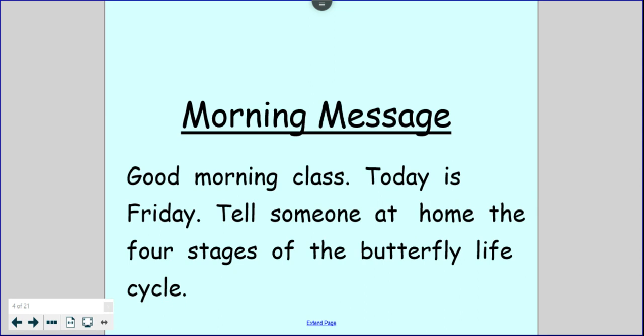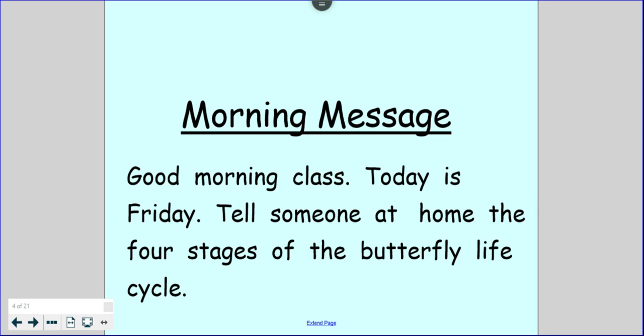And then hangs upside down in the shape of a J and starts to form what? A chrysalis. Awesome. And inside of that chrysalis, the butterfly grows and changes and grows and changes. And when it's all done, out comes a beautiful butterfly.